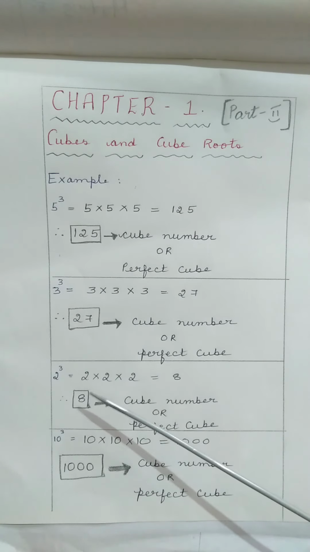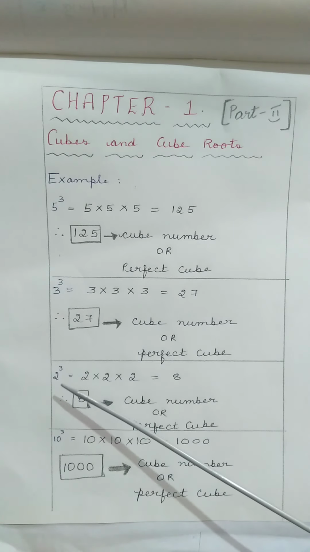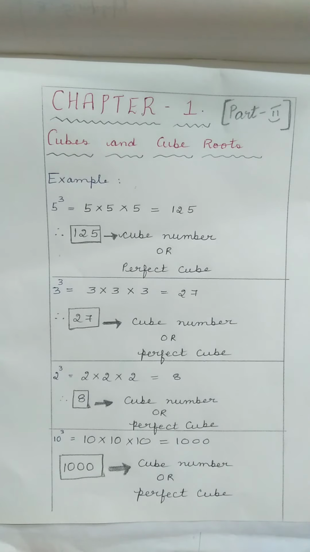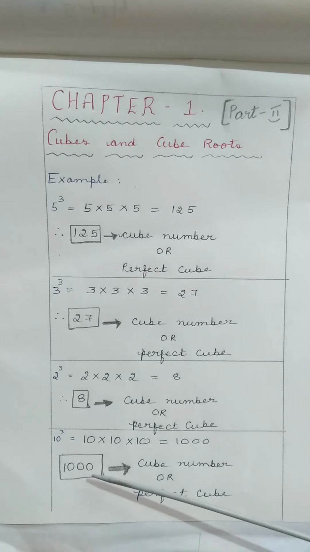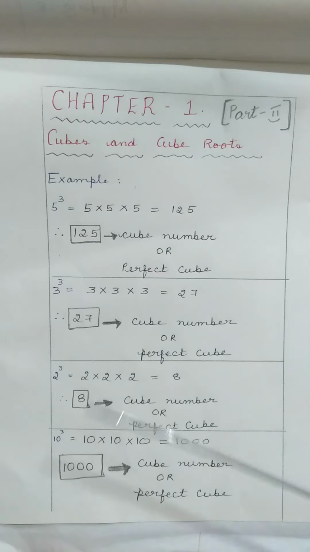So consider the third example in which we have 2 cube. So 2 is multiplied by itself 3 times, 2 into 2 into 2, and the answer we obtained is 8. So this 8 is a cube number or perfect cube. Consider the fourth example in which we have 10 cube. So 10 is multiplied 3 times, 10 into 10 into 10, and the answer we obtained is 1000.